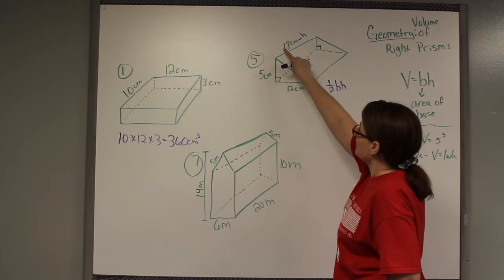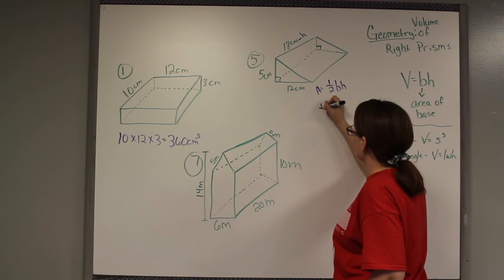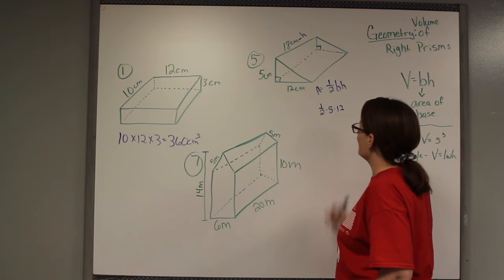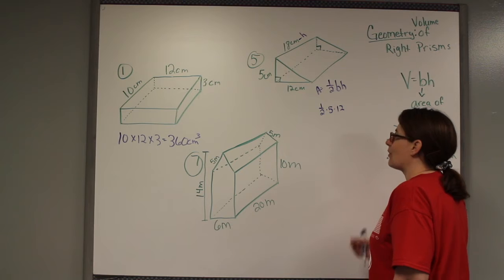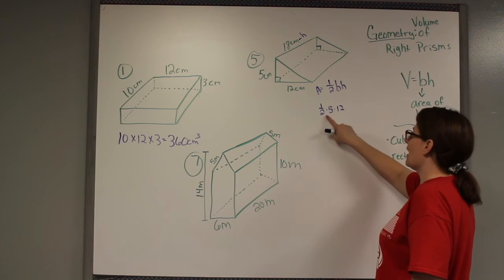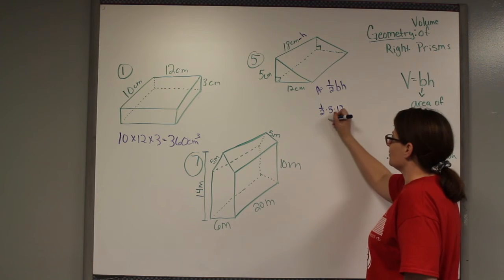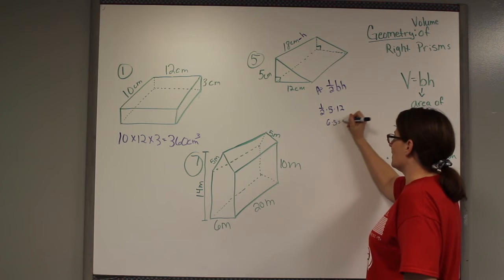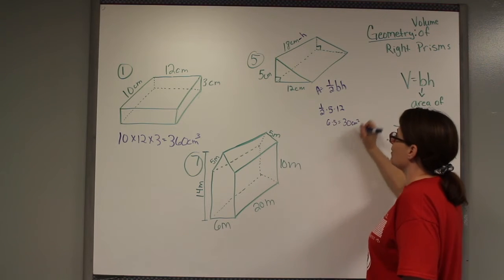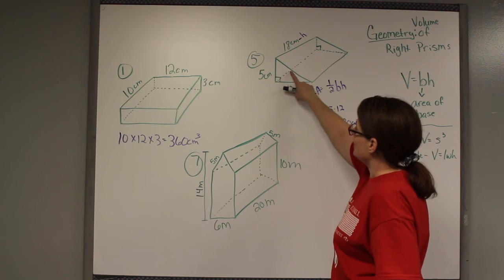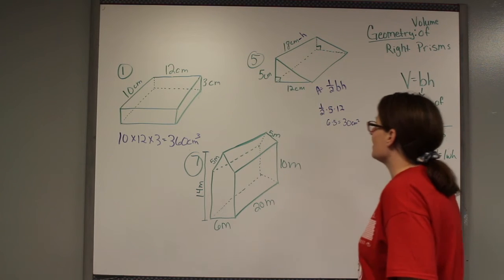That's what the formula is. So my height is 5. So 1/2 times 5 times 12, or base times height. I wrote them backwards, but it won't matter. Half of 12 is 6, so it's really 6 times 5, 30. So 30 centimeters squared is the area of that.